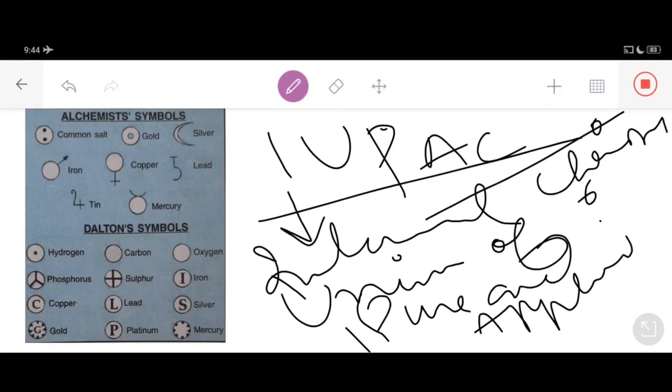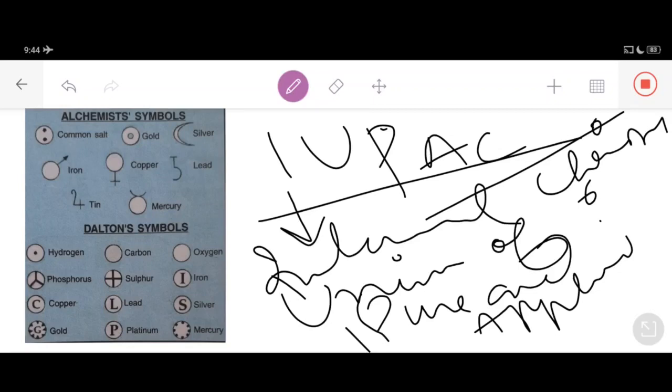This union is worldwide accepted, and this union is known as IUPAC, the International Union of Pure and Applied Chemistry, which approves names of elements as far as modern chemistry is concerned.